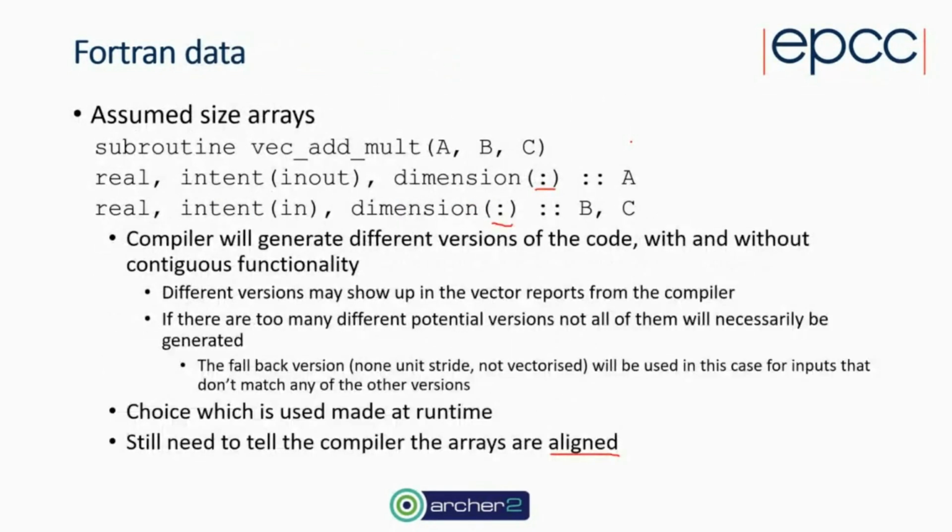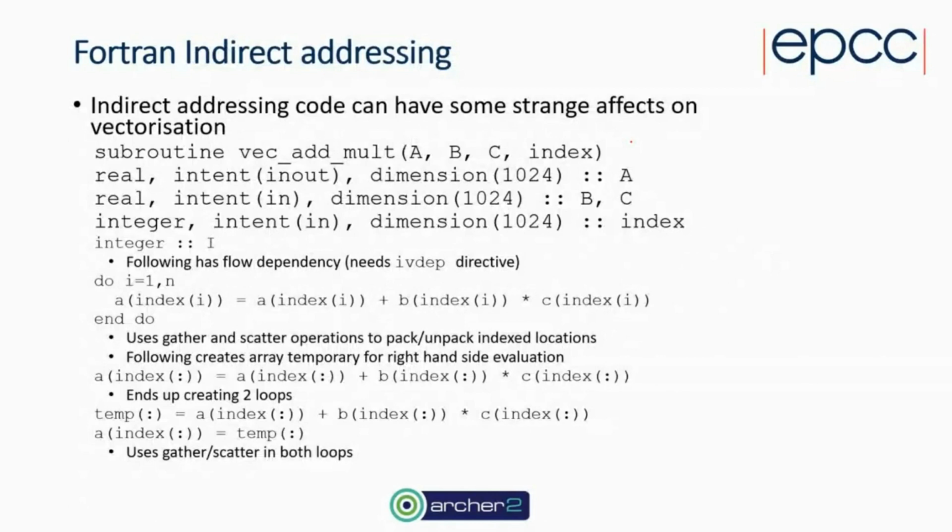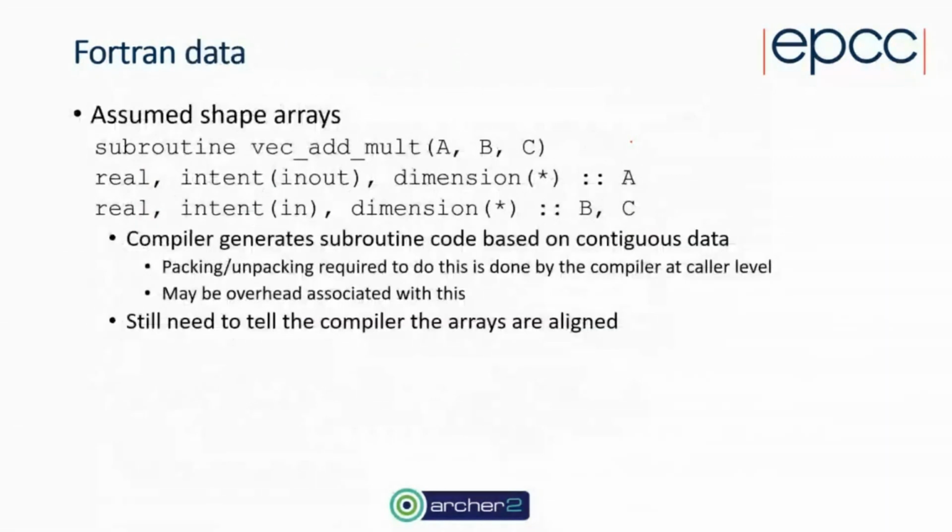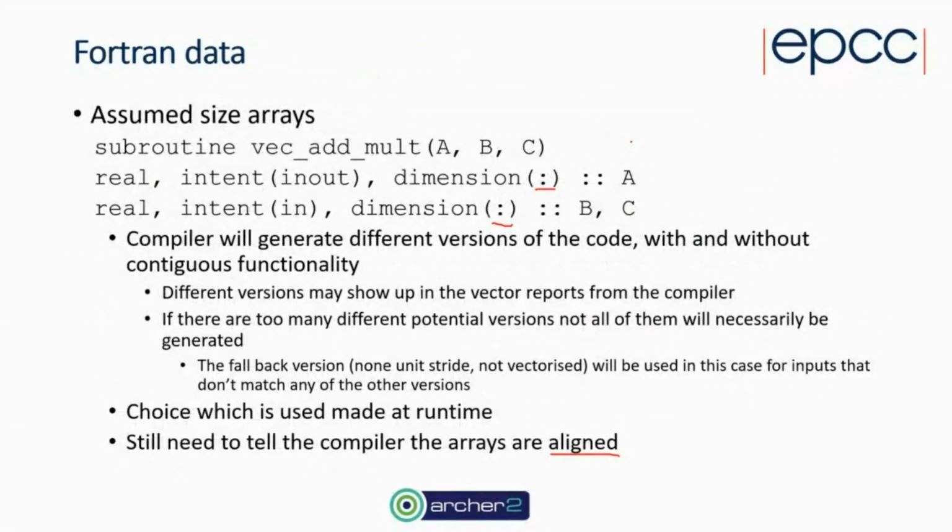I'm just about to get to it, but we've got a whole slide on how to vectorize those kind of things. So it is definitely possible to do indirect addressing vectorization operations. Here we're talking about Fortran, but it is possible in C. But you have to be a little bit careful about how you structure your code and how you get the compiler to vectorize that. So I'll come on to that in a second.